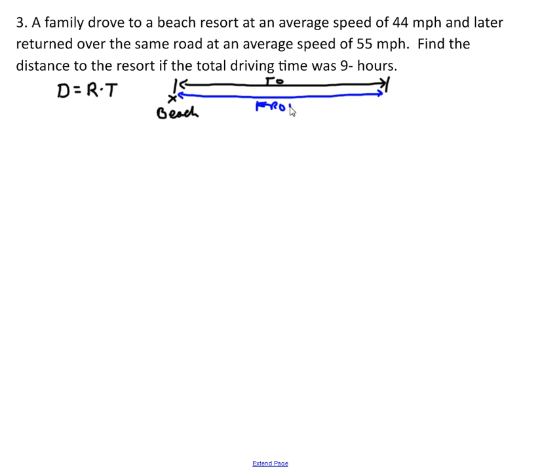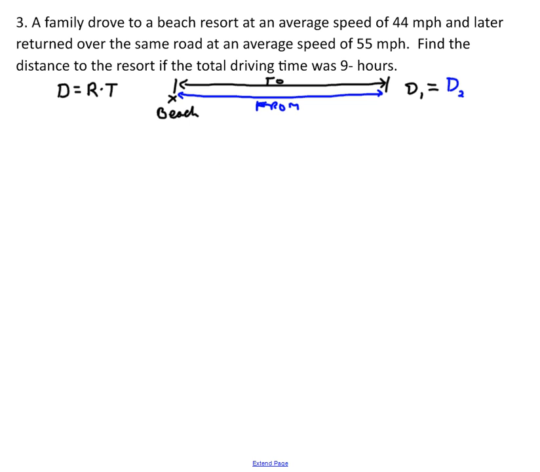So this is going to be the kind of problem in which distance 1 is equal to distance 2. So whatever we come up with, we're going to have to put in those terms.